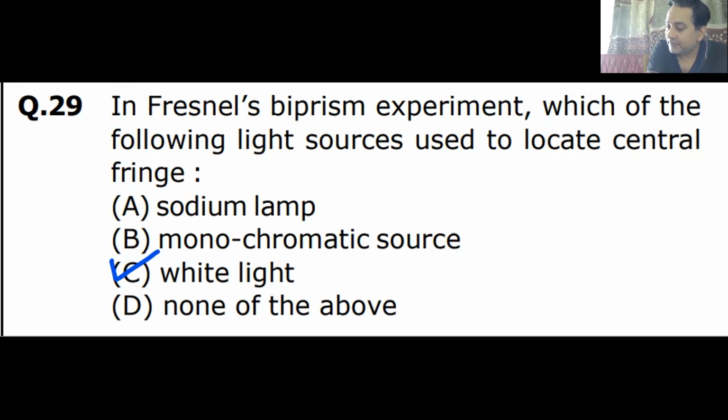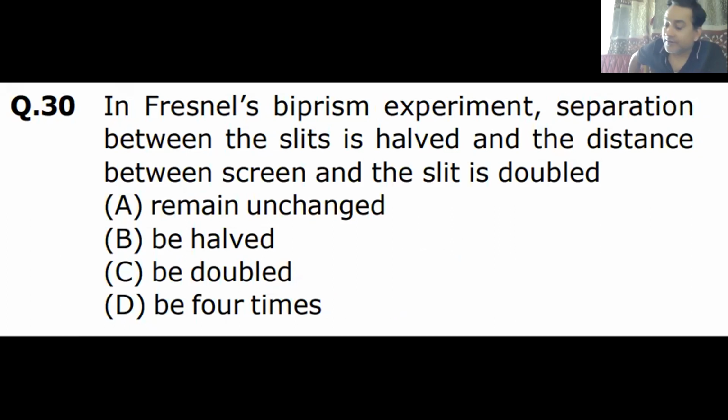Okay. Then comes the next question, which I'm sure you would be able to answer. In Fresnel biprism, the separation between the slits is halved, and the distance between the screen and the slit is doubled. What happens to the fringe width, beta?